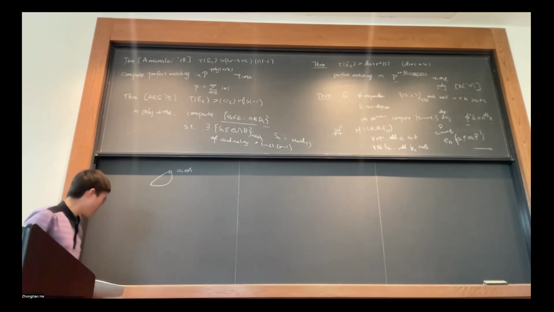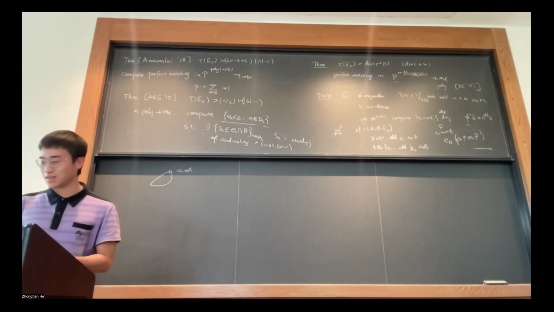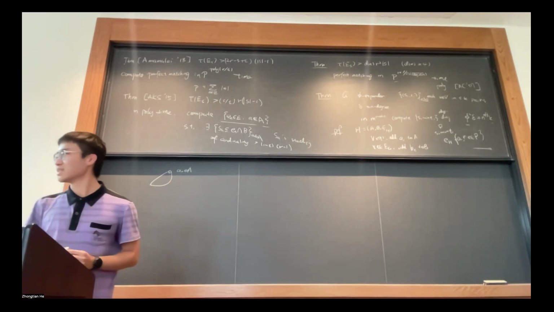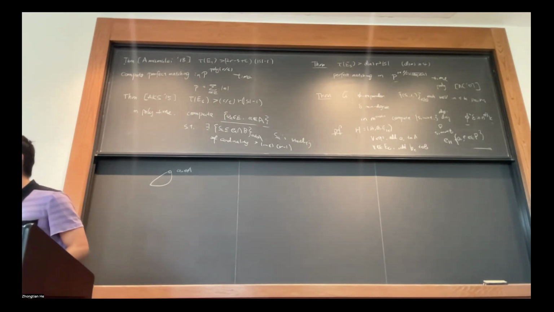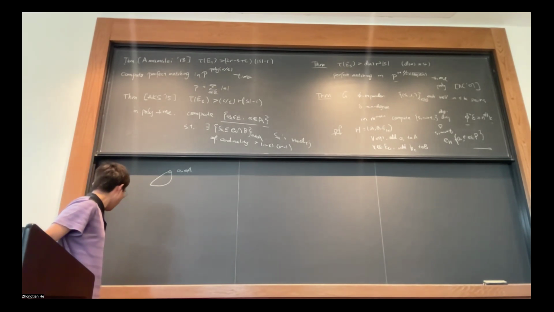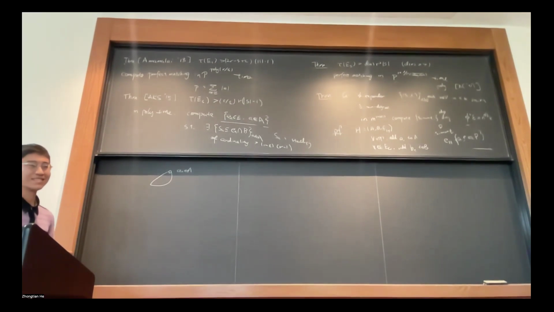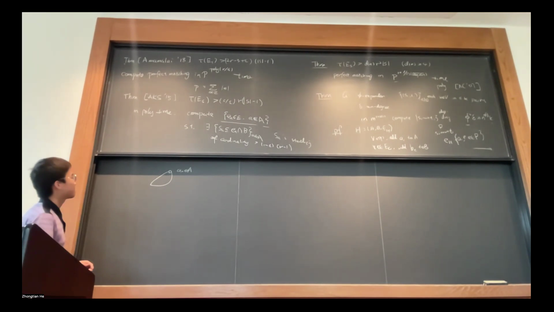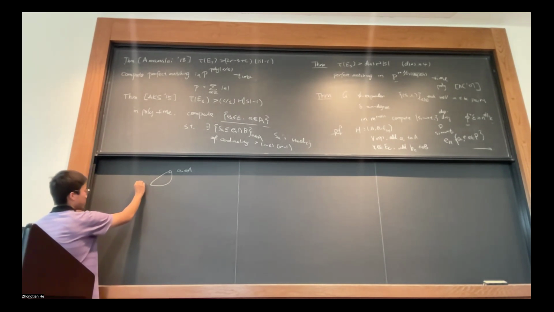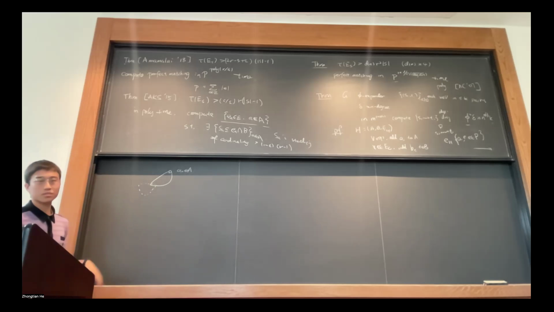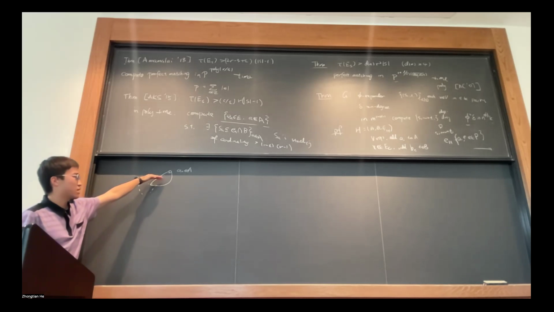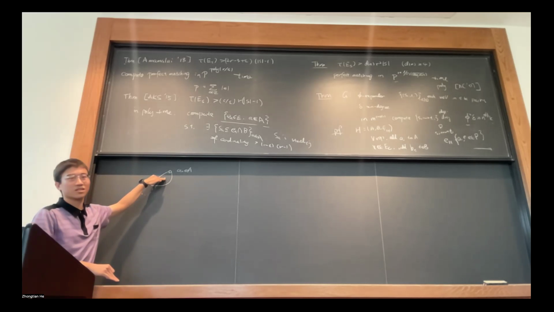I'll draw dashed hyperedges, meaning these hyperedges are in the matching and block this edge from being included in the matching as well.